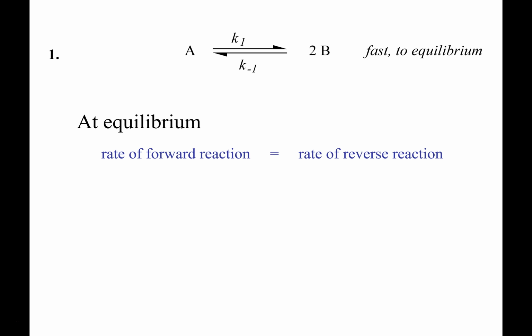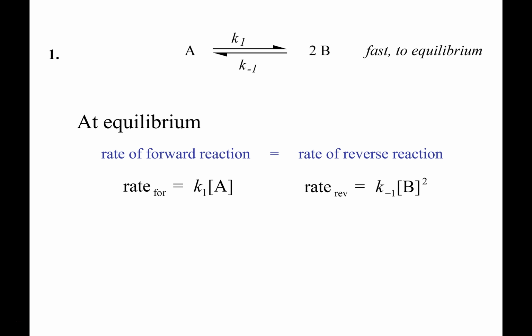The rate in the forward direction is equal to the rate in the reverse direction. In the forward direction, we have K1 times the molar concentration of A raised to the first power. In the reverse direction, again, we have K minus 1 times the molar concentration of B raised to the second power using molecularity.